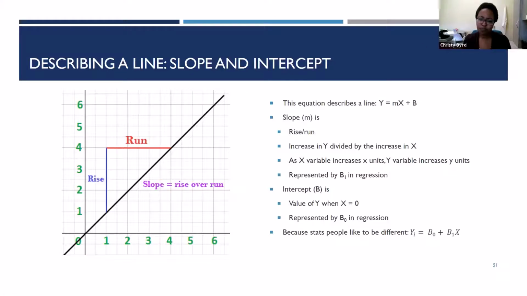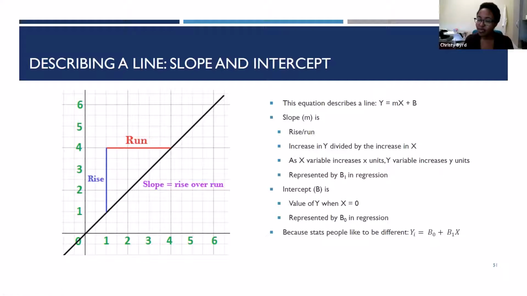All right, so what do you think the slope of this line is? How much does y rise for every run of x? So this line, the slope is 1 over 1. Another way to say that is as x increases 1, y increases 1.